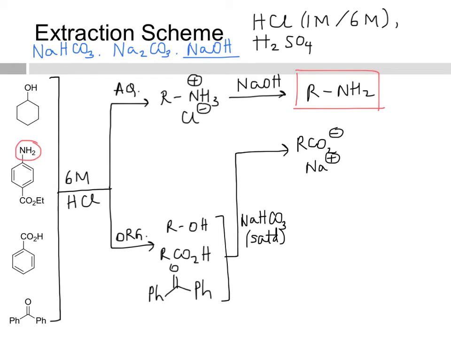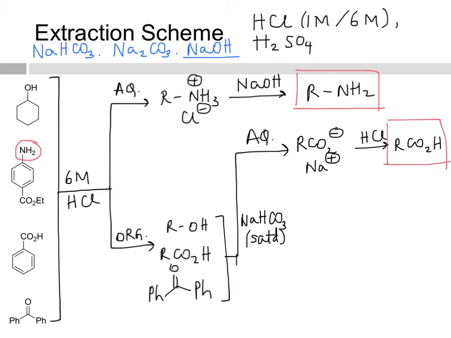And that's going to be in the aqueous layer. And in order to isolate that, we are just going to treat it with HCl, and we will isolate our carboxylic acid. And so we have separated our second component.